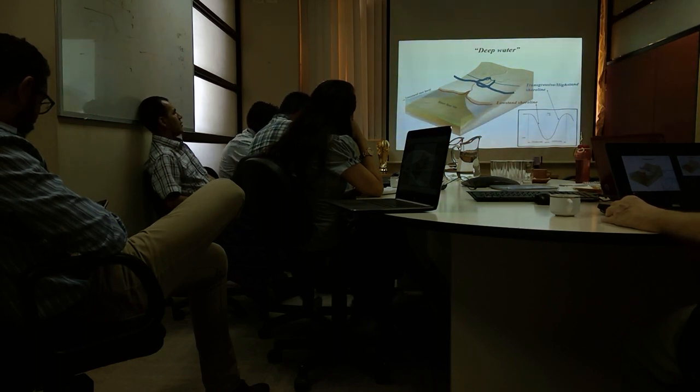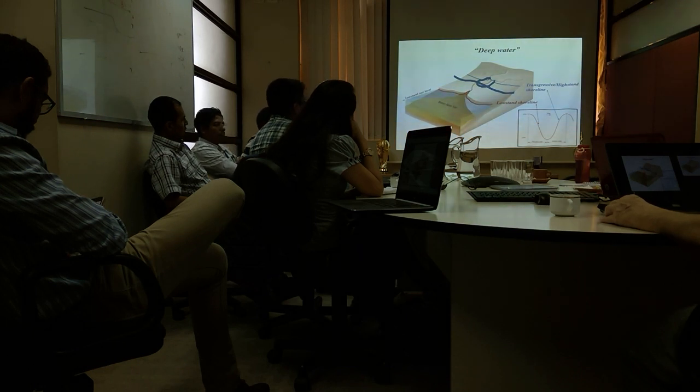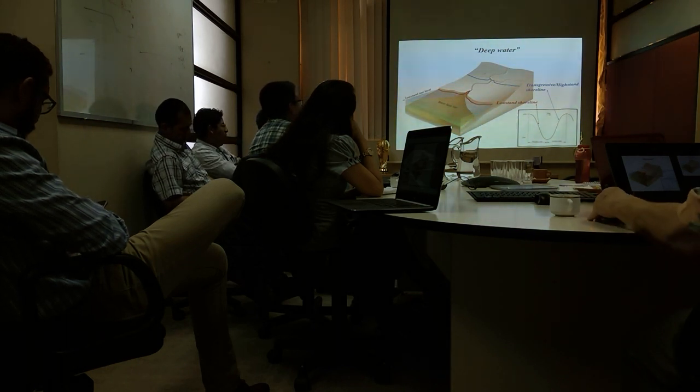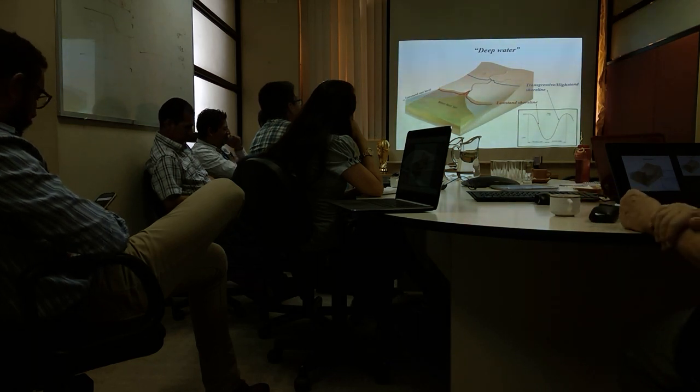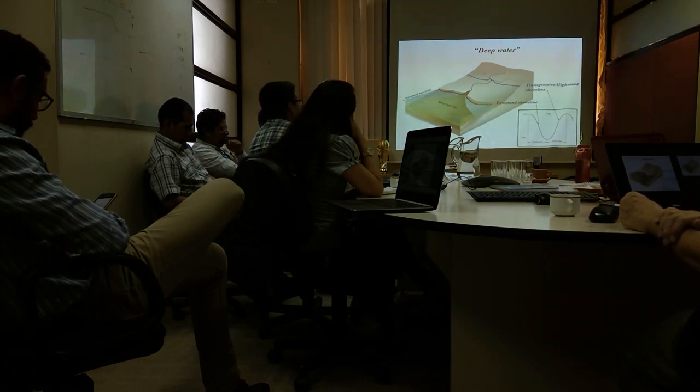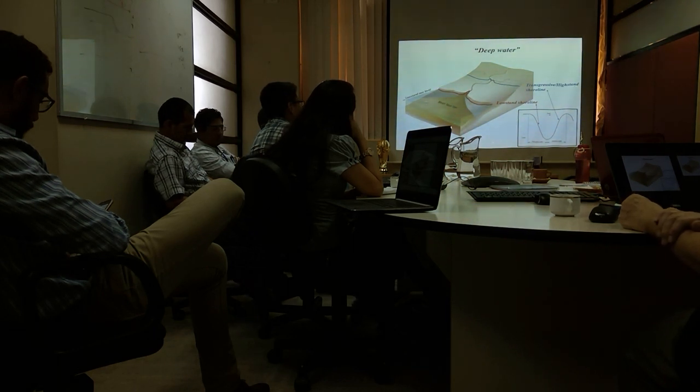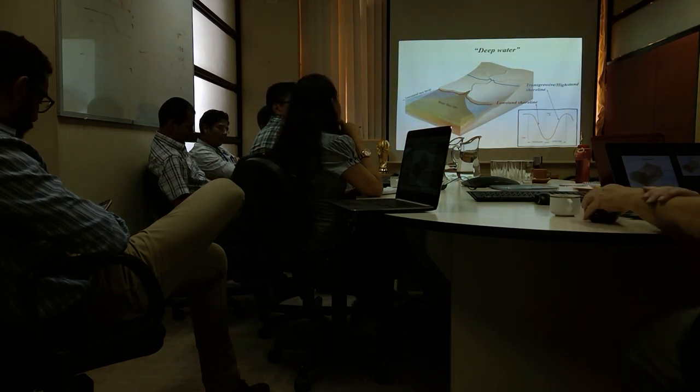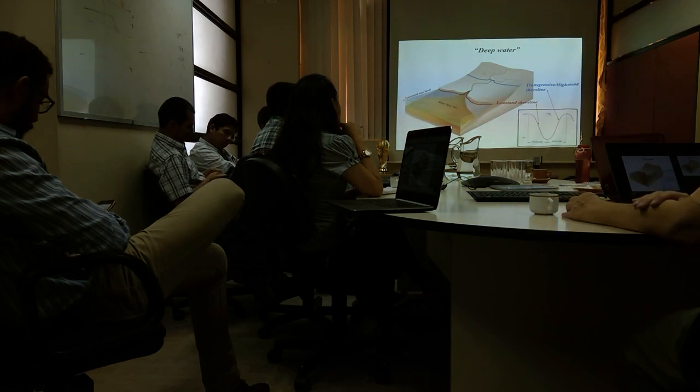Now, I showed an example yesterday. This is a very good diagram to go back to on that example, because someone had asked me, is there anywhere where you can get transgression and regression at the same time? I said the answer was yes, and I used the example of the Mississippi River Delta.